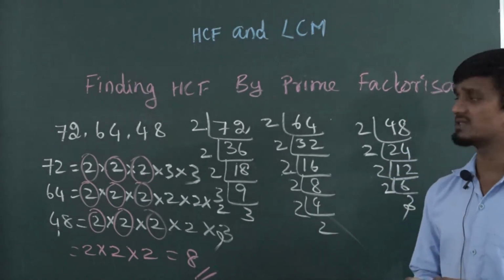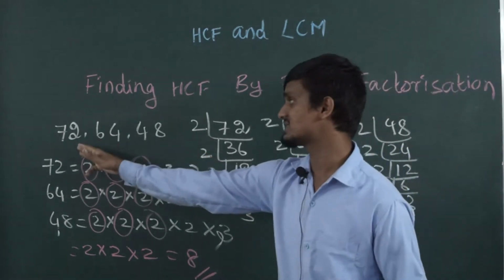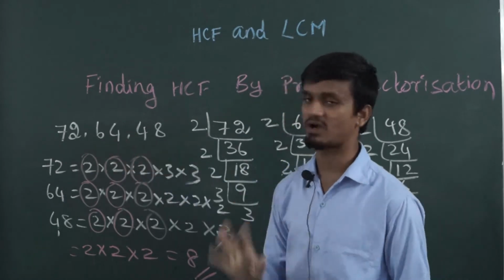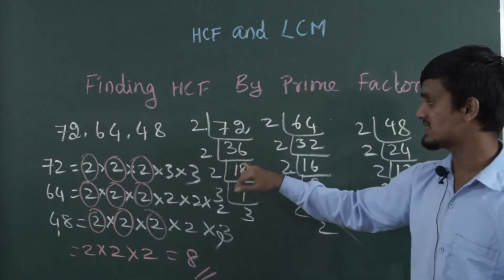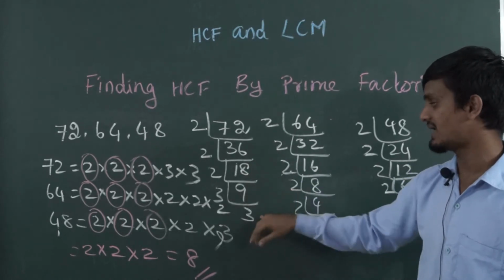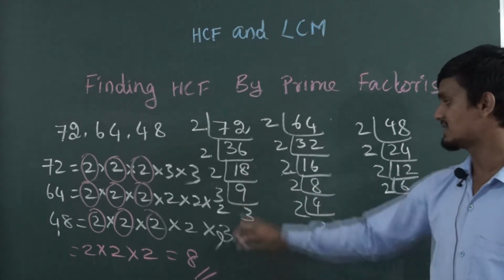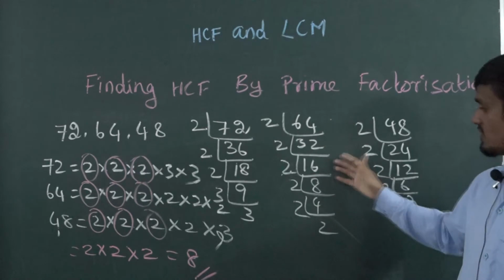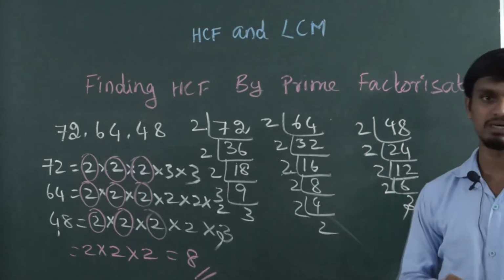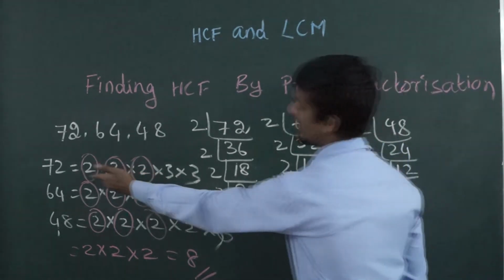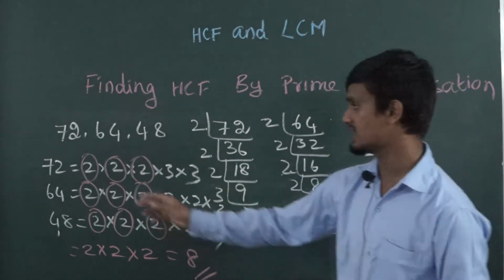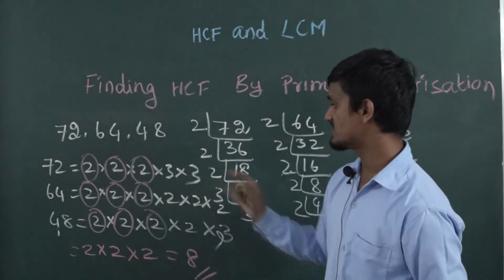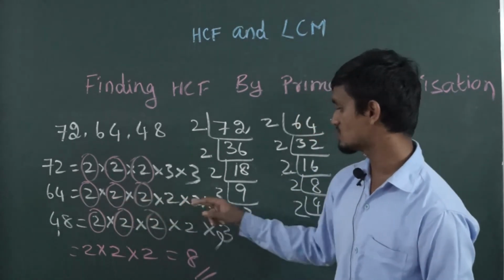Once again I will explain the same. To find the HCF for 72, 64 and 48, first we have to find the prime factorization. 2 times 36, 2 times 18, 2 times 9 and 3 times 3. Similarly for the others. Then you list all the prime factors: 2, 2, 2, 3 and 3, and 2, 2, 2, 2, 2, 2.